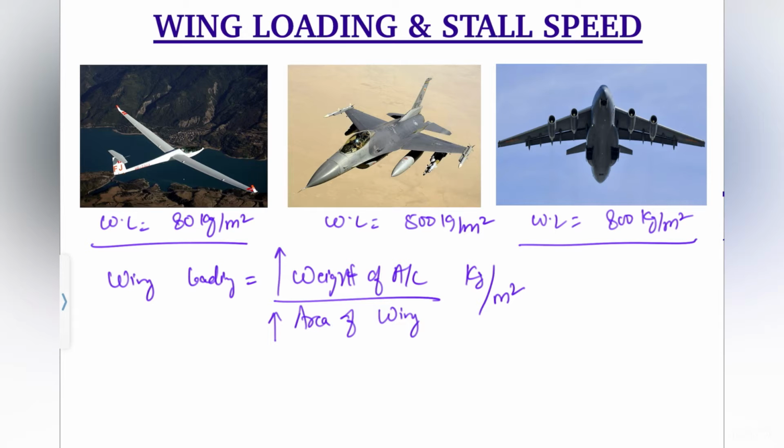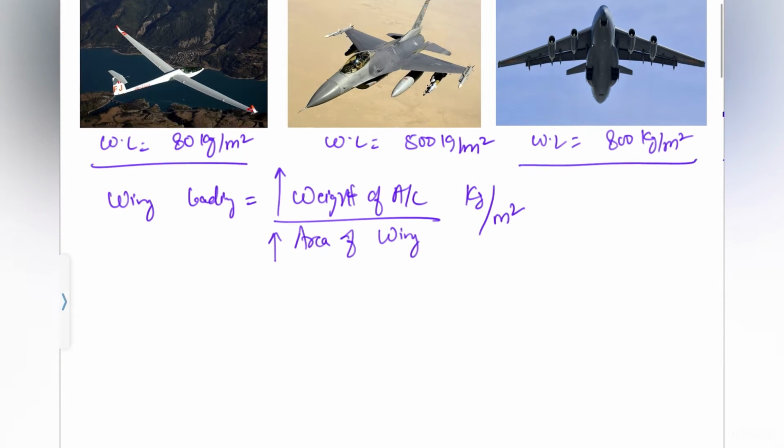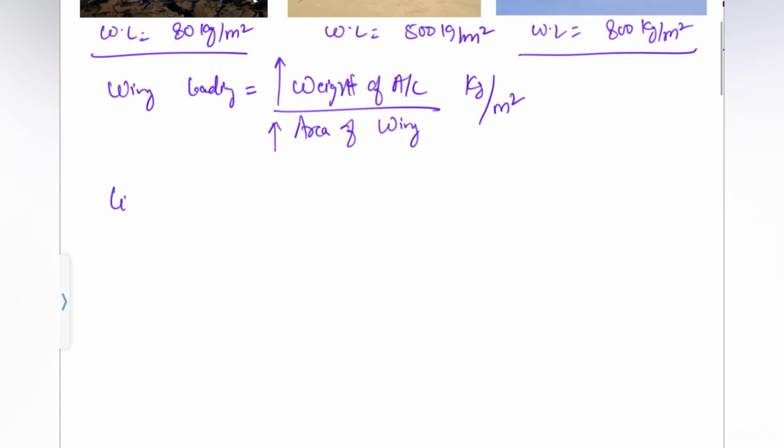Now coming to the important part, how the stall speed is related to the wing loading. To explain that, let's go to the lift equation. As we all are aware, lift is equal to half rho v square s Cl, where half is the constant, rho is the density of the medium in which the aircraft is flying, v is the velocity at which the aircraft is flying, s is the surface area of the wing, the lift generation part, and Cl is the coefficient of lift, which is a design parameter of the aerofoil of the wing: at what angle of attack, at what position of the wing, how much lift is generated.